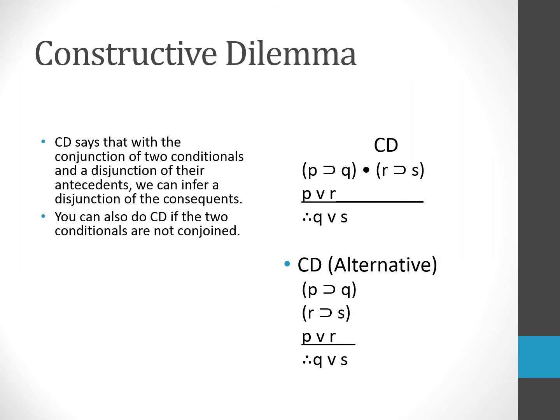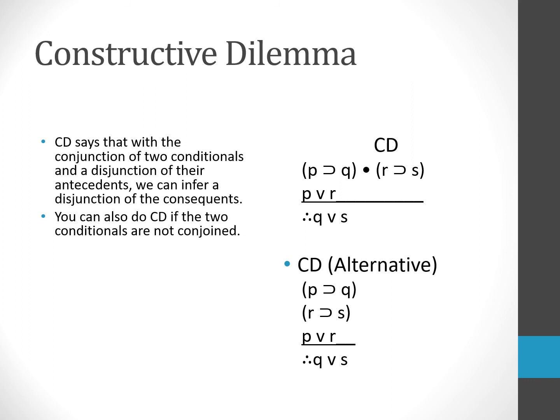All right, our last rule, I think, hopefully is fairly intuitive. It looks very intimidating, but we do this a lot. It's the constructive dilemma. So a dilemma is usually characterized as a difficult choice. And from that choice, you can imply certain things. And that's what the constructive dilemma does.